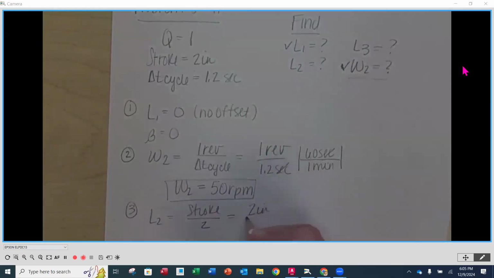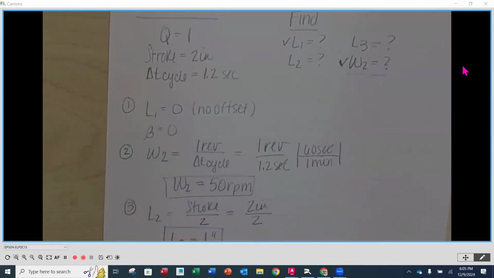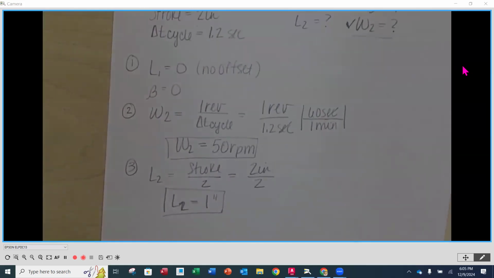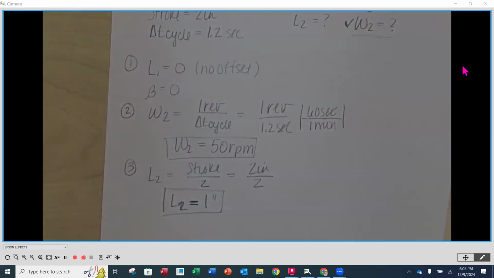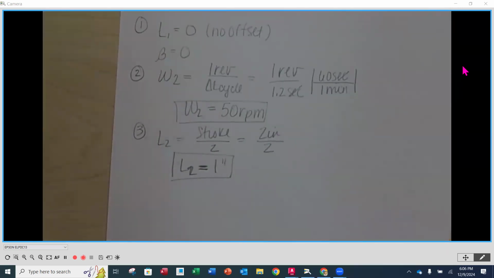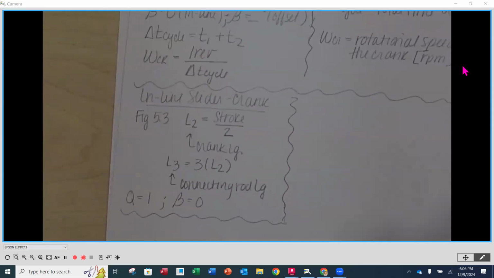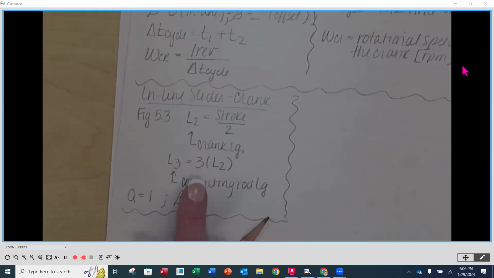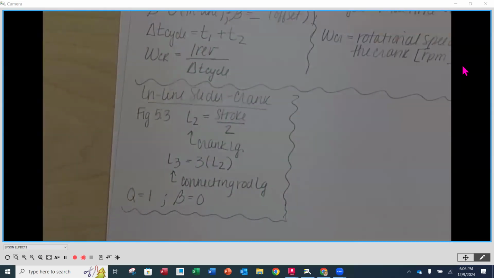So 2 inches divided by 2, L2 is going to be equal to 1 inch, right? So that means I've got L2 done. So all I have left is L3. And we also had a relationship for that. L3 is 3 times the length of L2.